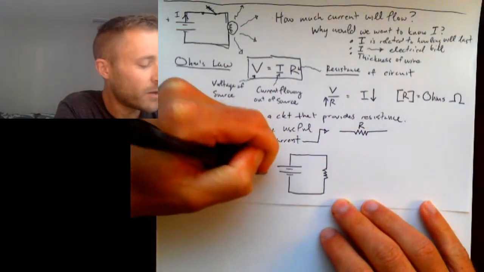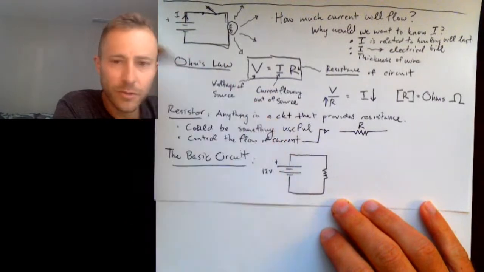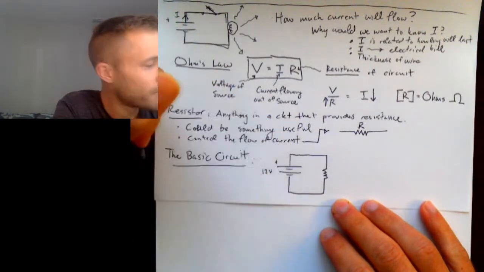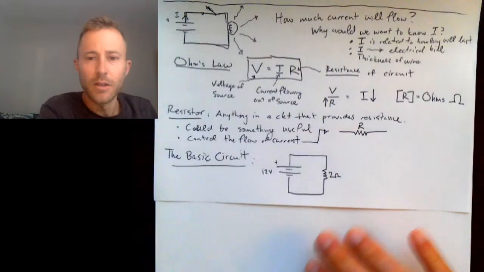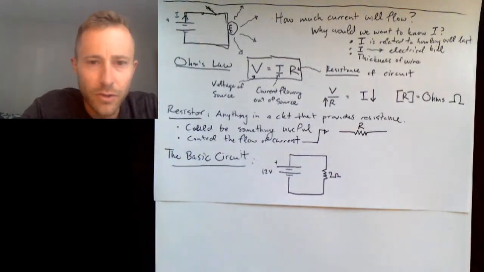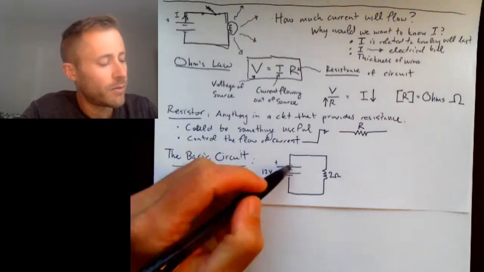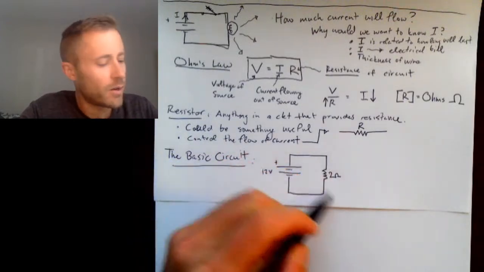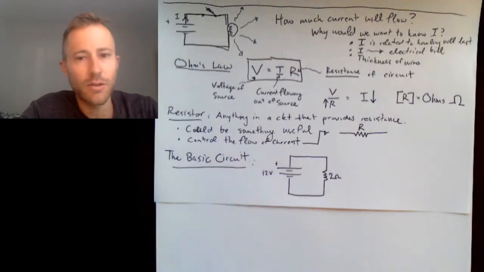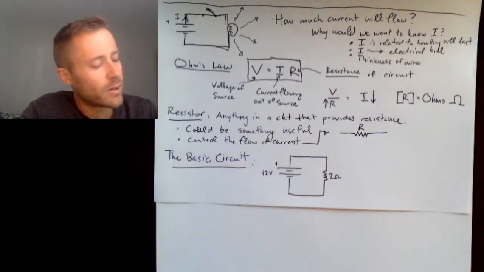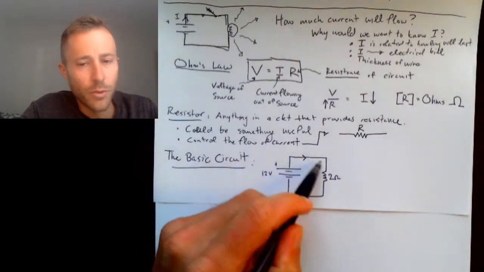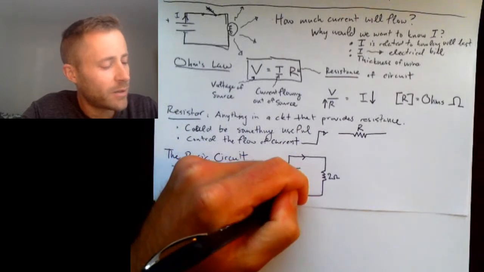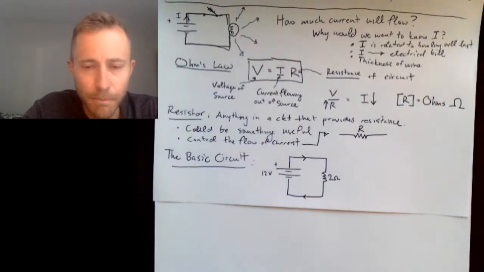So a 12-volt battery, and there's the positive terminal because it has the longer side. And then let's say this is a 2-ohm resistor. This circuit would need 2 wires, because you have the wire that goes over the top, and you have the wire that closes the circuit and goes down underneath. So the current is going to go out of the positive terminal of the battery, through the resistor, and then back into the negative terminal of the battery. All right?